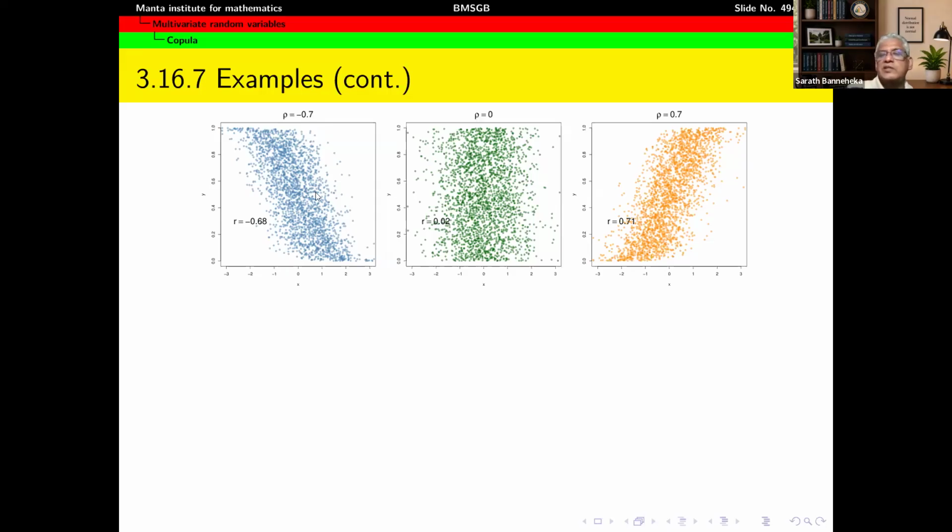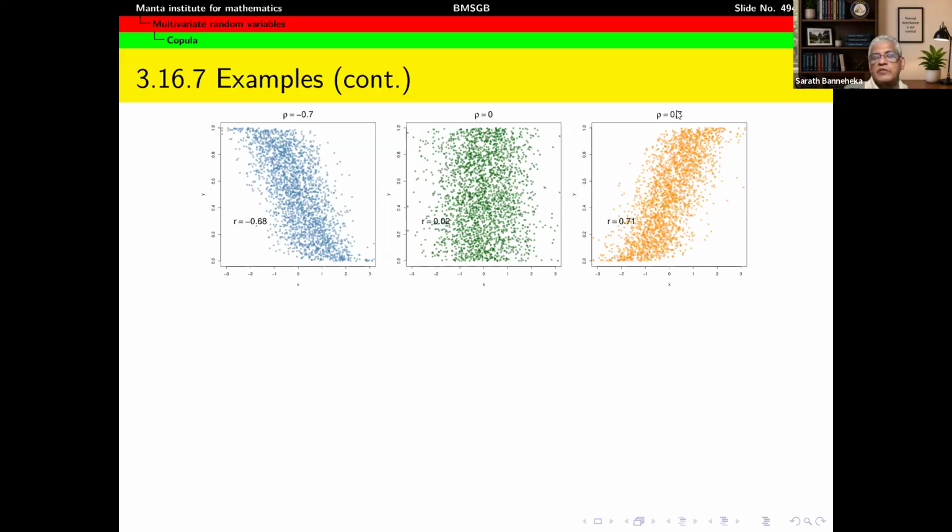So it looks like in this case calibration is not really necessary, because the correlation between Z1 and Z2 is approximately the same as the correlation between X star and Y star. And when rho is equal to 0, this is the scatter plot of Y star versus X star. In this case, there are 2,500 values, N equal to 2,500, and r is equal to 0.02, which is very close to 0 again.